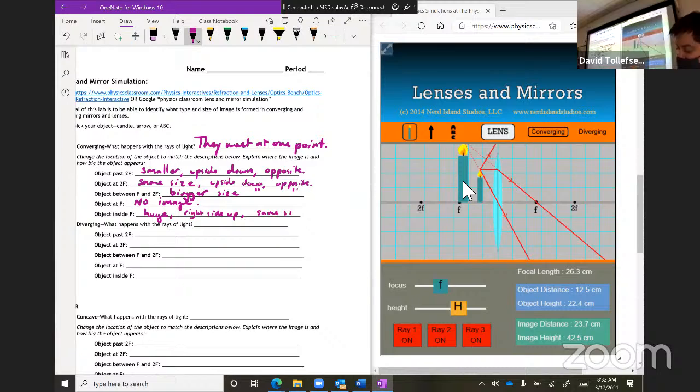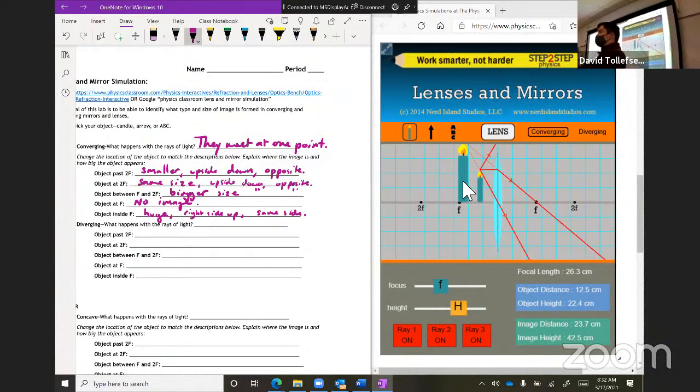Same side. So this image right here is the idea of a magnifying glass, right? Which is what this guy is. If you bring it close, it will magnify the image, and that's what you see. You see the magnified image on the same side of the lens that you're looking at.